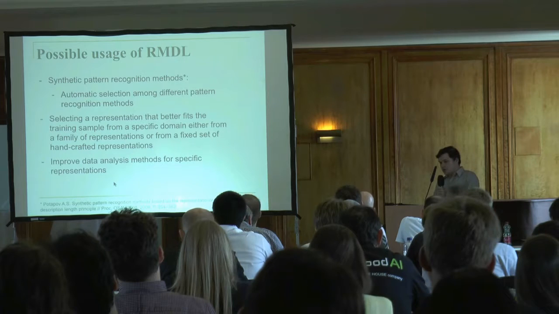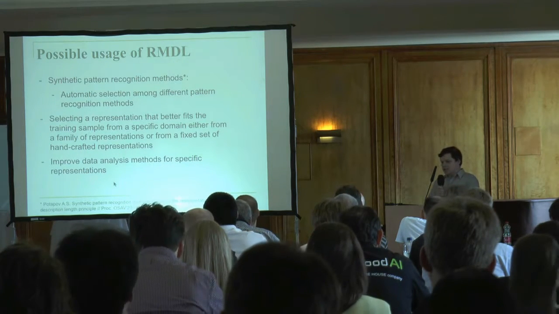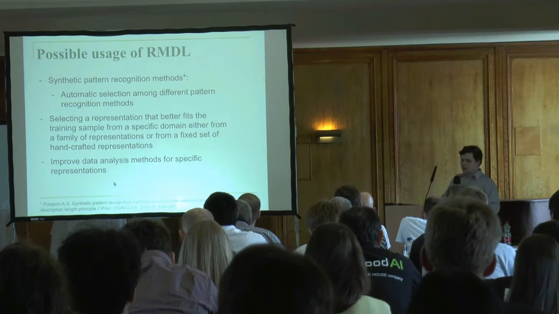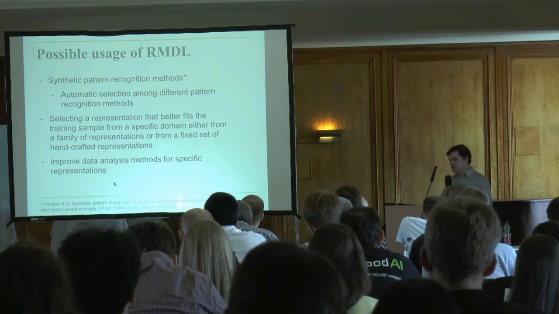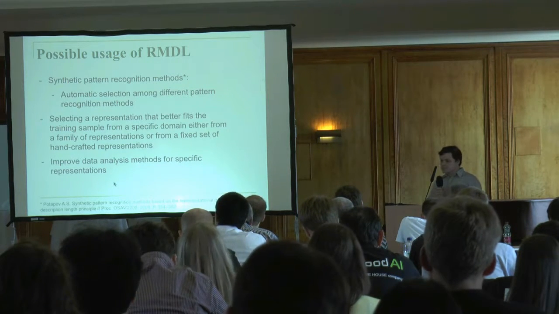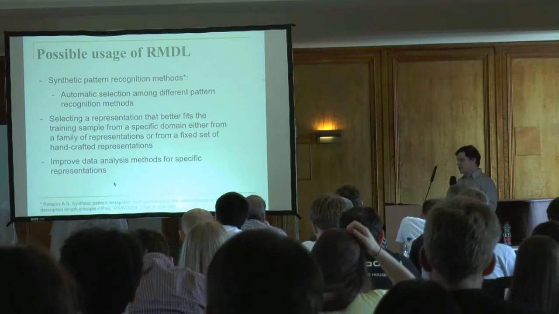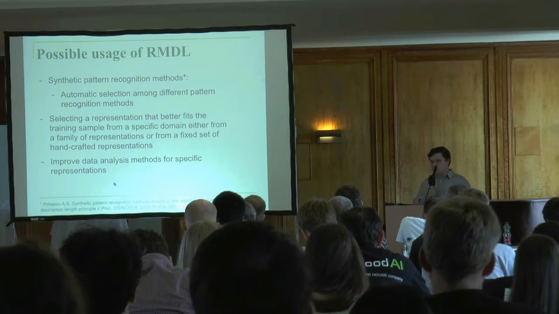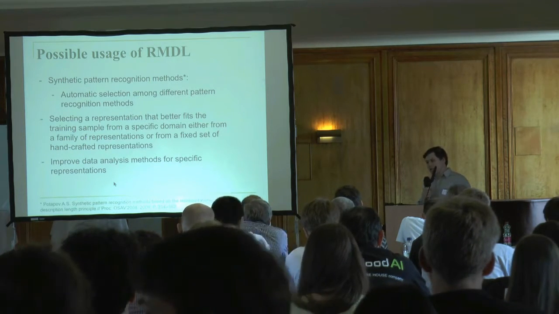So, using the RMDL principle, we can extend our narrow methods. If we use the minimum description length principle to specify criteria for model selection to overcome overfitting and so on, then by using the representational minimum description length principle, we can try to extend our narrow methods.